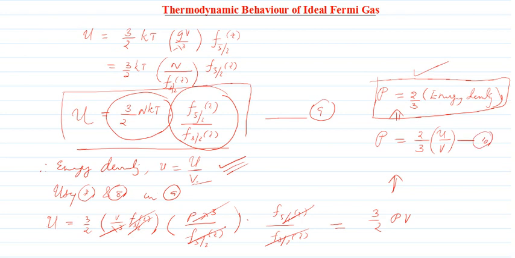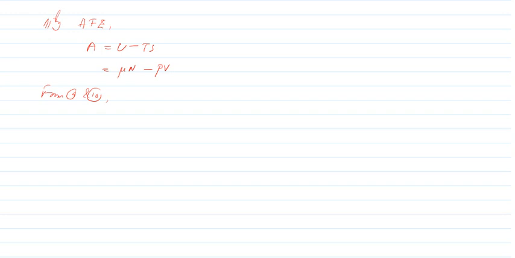Using those expressions, we can get PV is equal to NkT F 5 by 2 of z divided by F 3 by 2 of z. And also we have already seen that mu is equal to kT log of fugacity z.